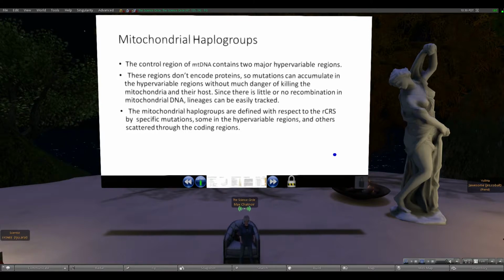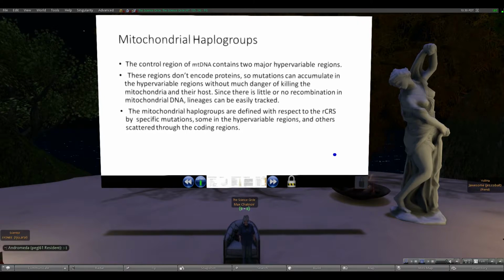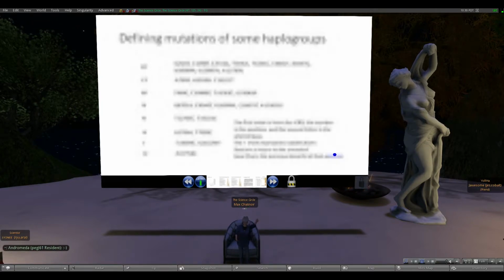So the mitochondrial haplogroups are defined with respect to the revised Cambridge reference sequence by specific mutations, some of which are in the coding region, and some of which are in the hypervariable region I showed you.